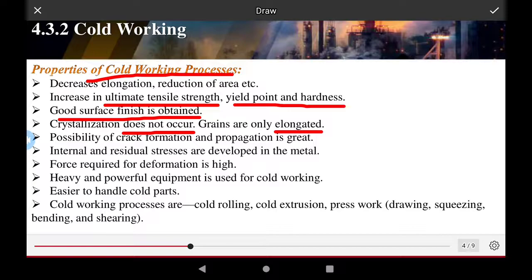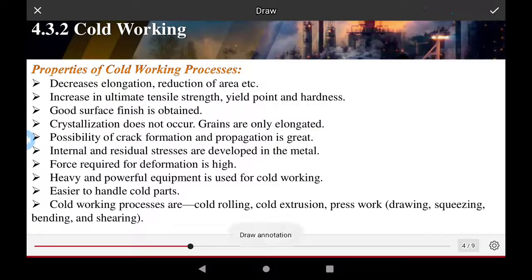Possibility of crack formation and propagation is great. Internal residual stresses are developed in the metal. Force required for the deformation is high.